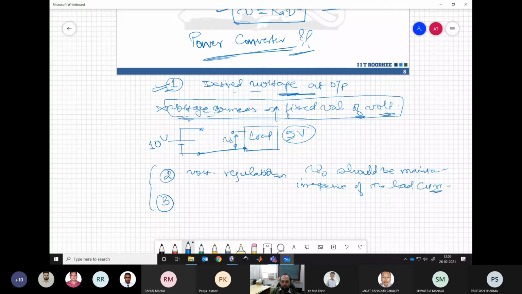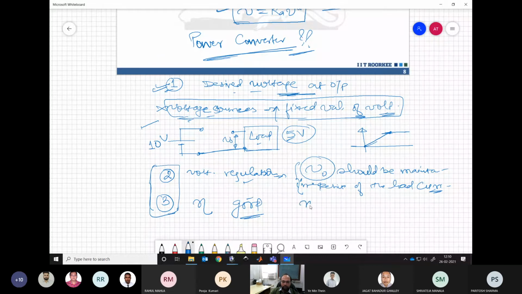Of course this will have some limit, but within the power rating, even if we change our current from 0 to the maximum value, this V_O should hold its value. That should not change. The third requirement is that it should be efficient. Let us say we are running all these motors and drives for what? For attaining good efficiency. So good voltage regulation and good efficiency are two secondary requirements but are very, very important.